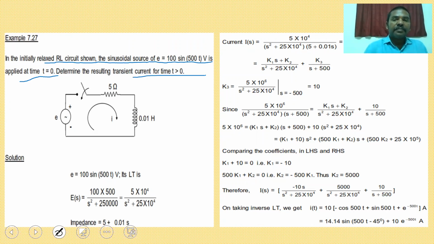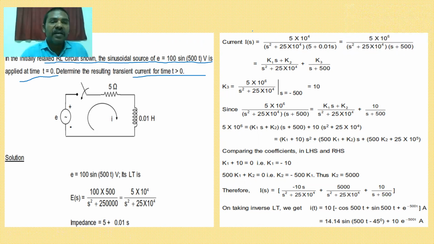So here, the applied voltage is E is equal to 100 sine 500 t. The resistance value they are given is 5 ohms. The inductance value they are given is 0.1 Henry. So the switch will be closed at t is equal to 0.